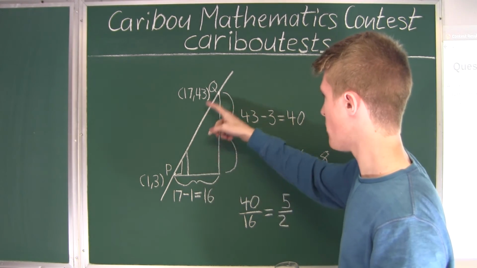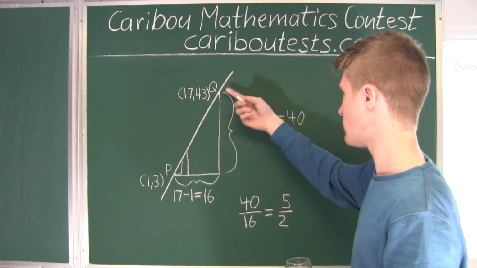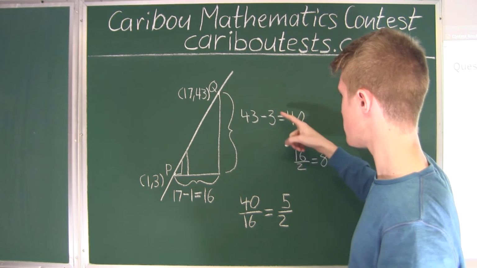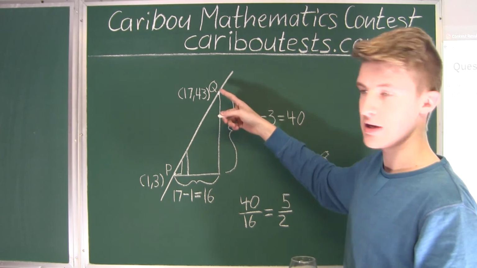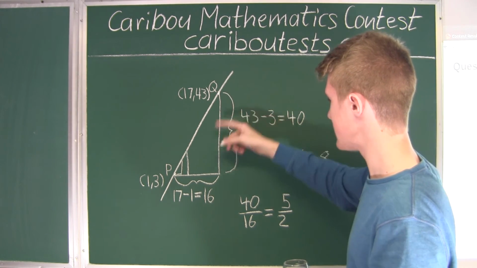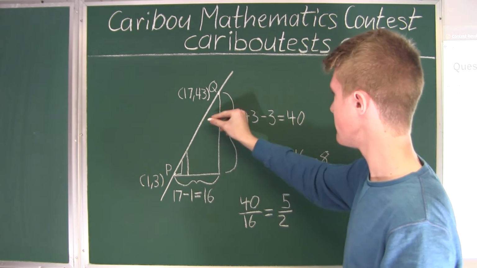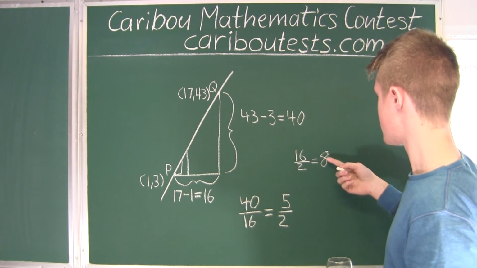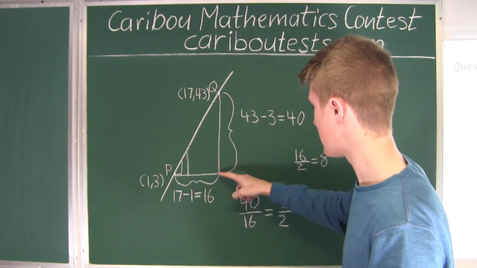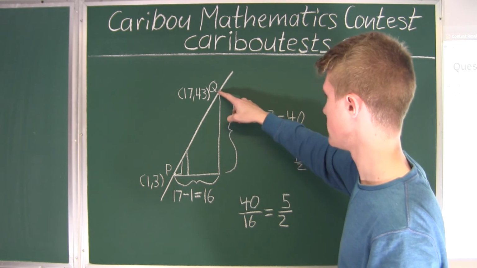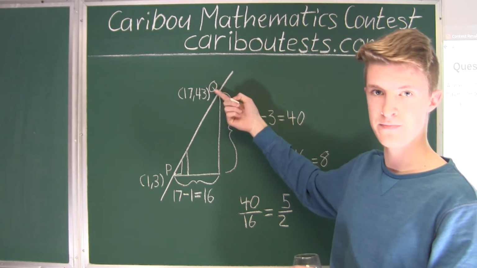Likewise in y, the change is 40, and dividing that by 5, since we're always going up 5, is again 8. That would be 8 points, and that 8th point would have this x value and this y value, so that would be the point Q.